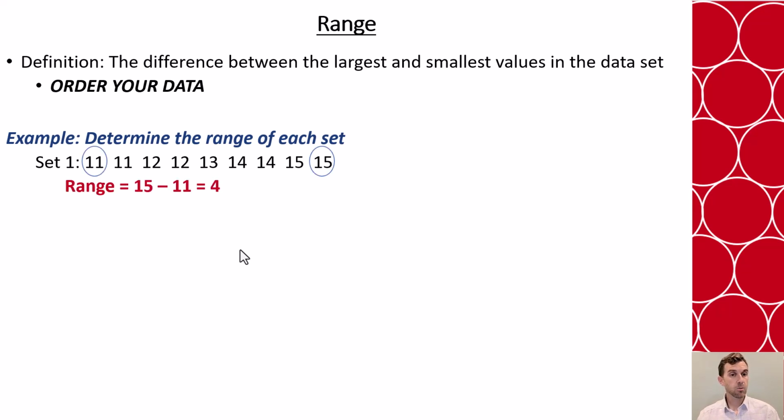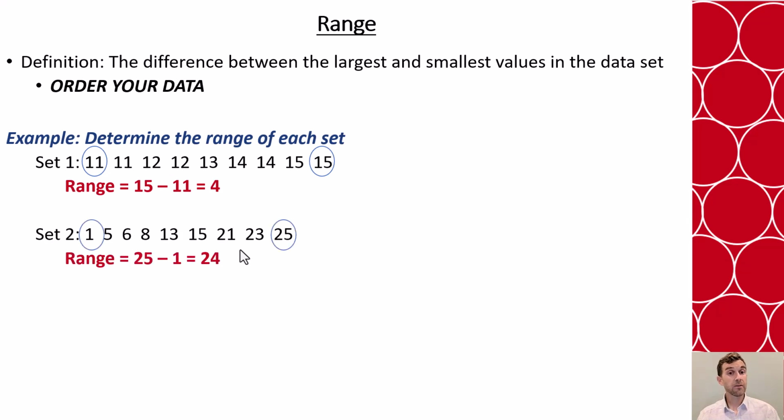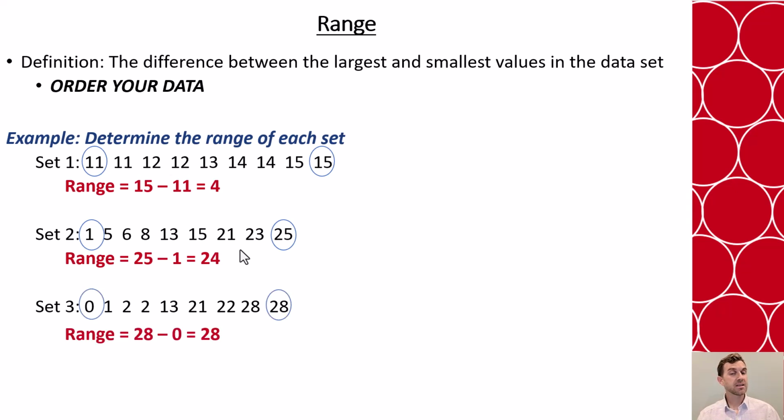So in set 1, the range was only 4. In the second set, that range was 24. And in that third set, the range was 28. So even though they had the same mean and median, there's a lot of range within the data to create those two central tendency measures. And that's where we start looking also at our variance and our standard deviation.